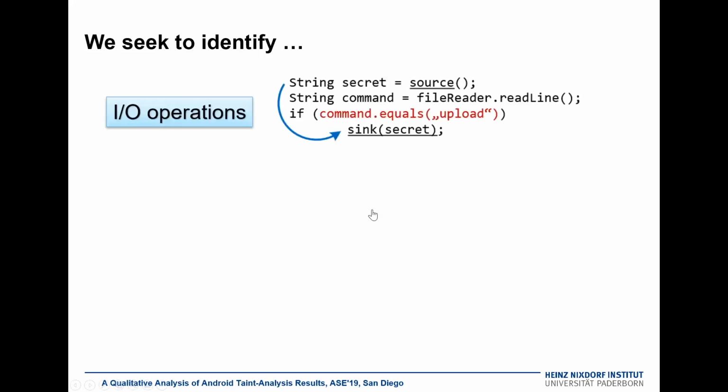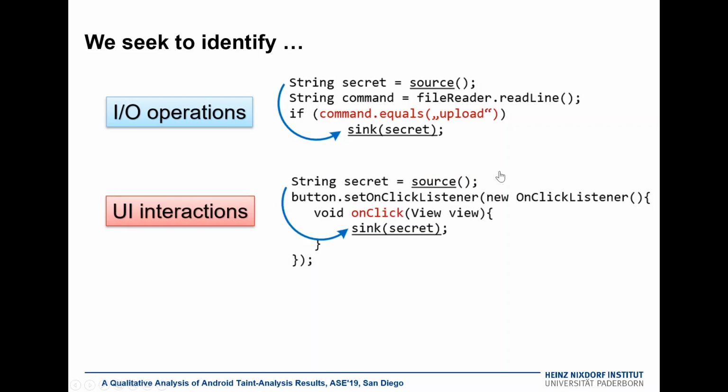Since it is impossible to study all path conditions, we define three factors we would like to look at. These factors were often mentioned in previous literature. In particular, we seek to identify how taint flows are conditioned on I/O operations such as file reading and writing. As you can see from this example, this is interesting to study since it is often difficult to track such cases dynamically.